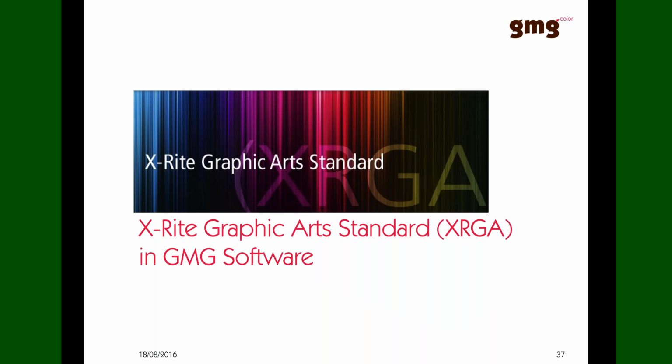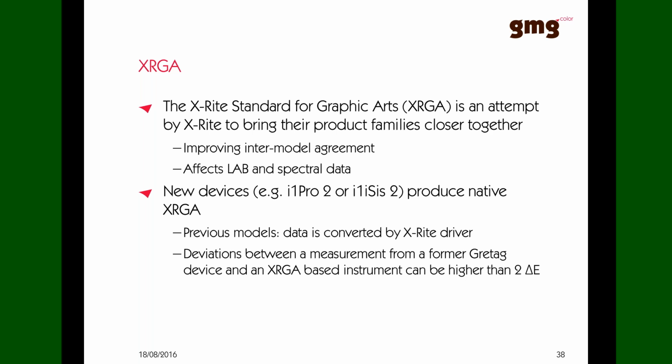The XRGA standard is a standard X-Rite defined because when X-Rite merged with Gretag Macbeth, they had an issue. X-Rite had a nice standard for their measuring devices, so X-Rite devices were comparable to one another, and Gretag Macbeth, before the merge, had their own standard calibration, and all their measuring devices also were comparable to one another.